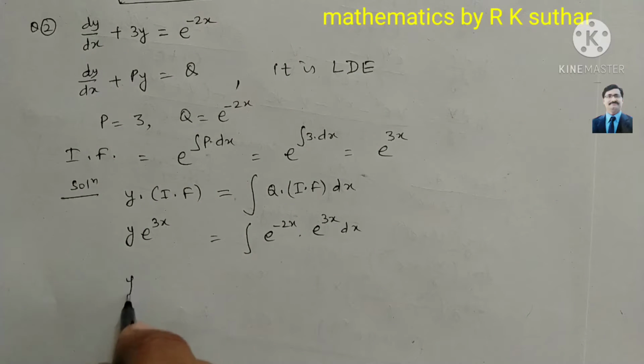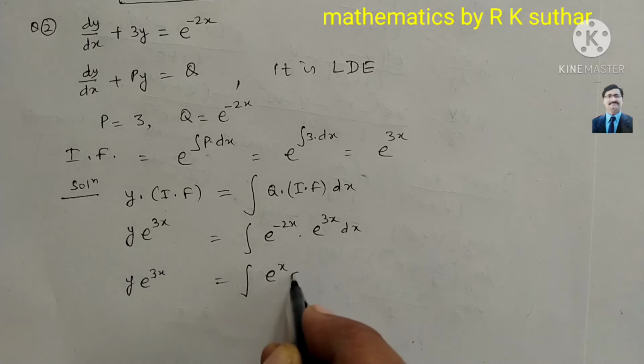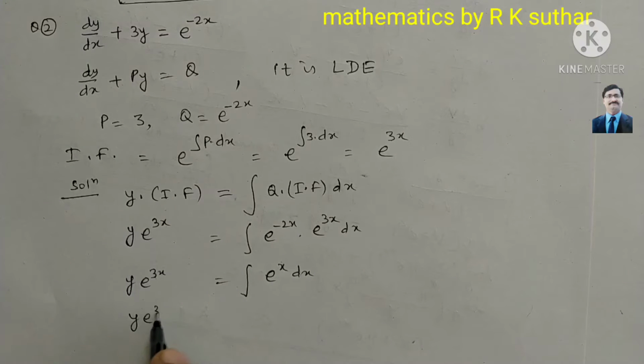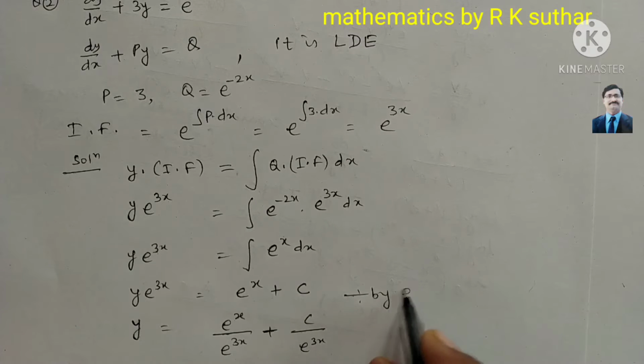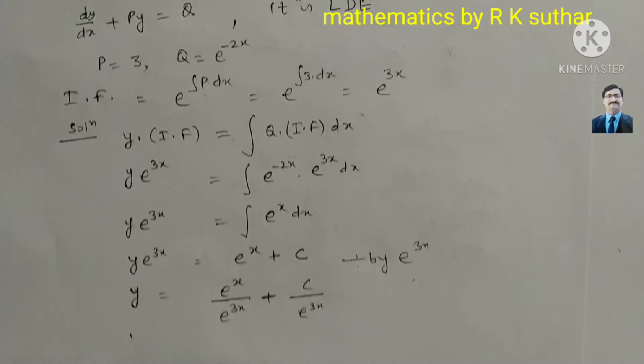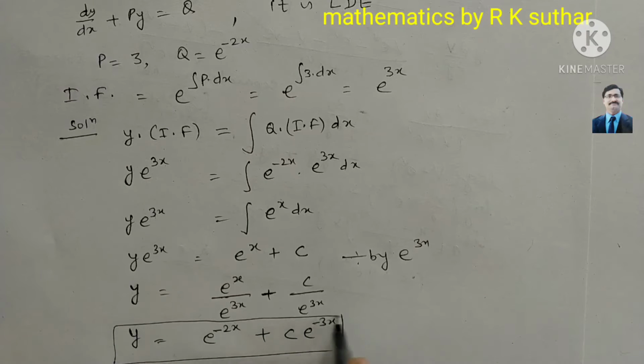This we can solve: y e^(3x) equals the integral of e^x dx. The integral of e^x is e^x plus c, and if we divide by e^(3x), we get the solution y = e^(-2x) + c e^(-3x). This is our required solution. All of you understand this?